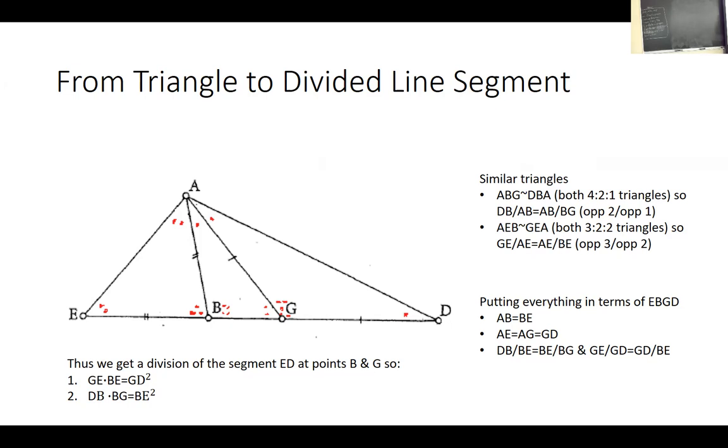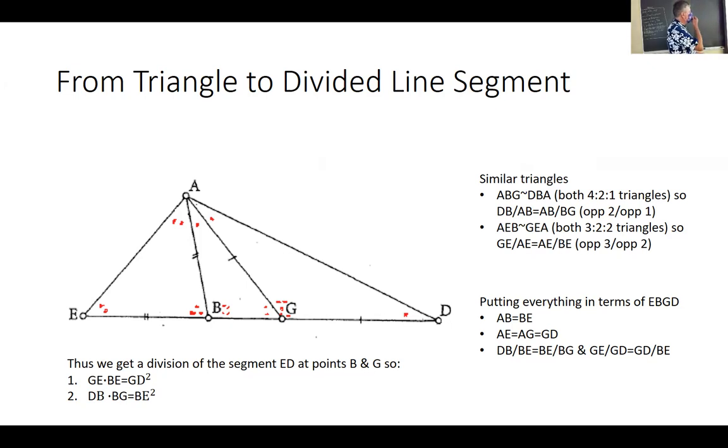It has to be the same as a similar thing for the bigger triangle. And similarly for these two isosceles triangles AEB and GEA have to also be similar. So we get a bunch of ratios of sides being equal.